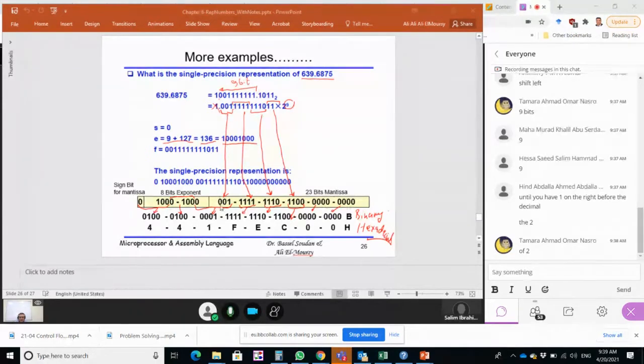A fractional mantissa that's to be stored in the 32 bits, I have 23 bits. Take the first 3 bits here, 0, 0, 1, put them here. Then 4 ones, put them here. Then 1, 1, 1, 0. Second bucket of bits, and finally here the number contains only 2 ones. So I will have those 2 ones.